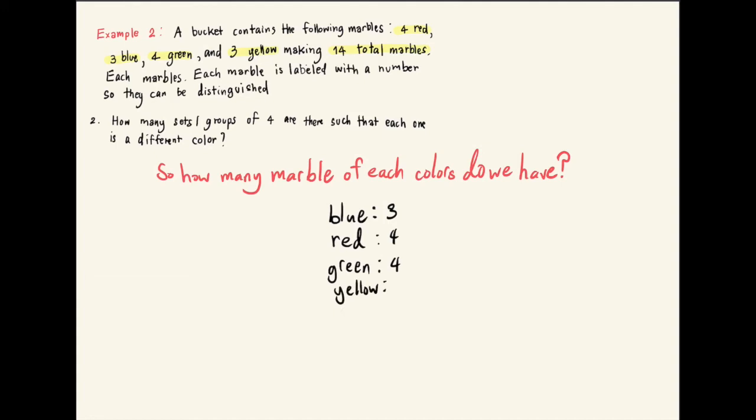So the way we do that is we use the formula n factorial over r factorial times (n minus r) factorial. We know it only asks for one marble of each color, so that means r equals 1. So then we're going to have 3C1 times 4C1 times 4C1 times 3C1, which equals 144.